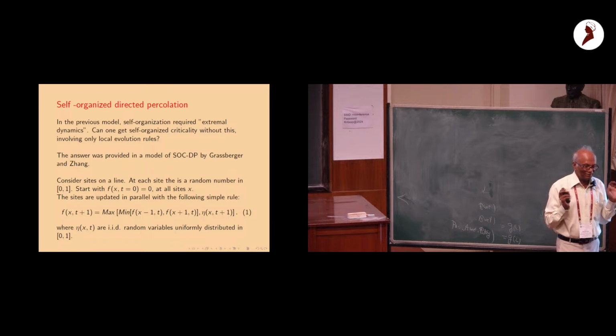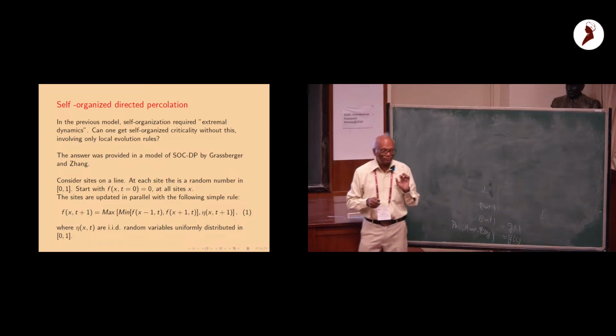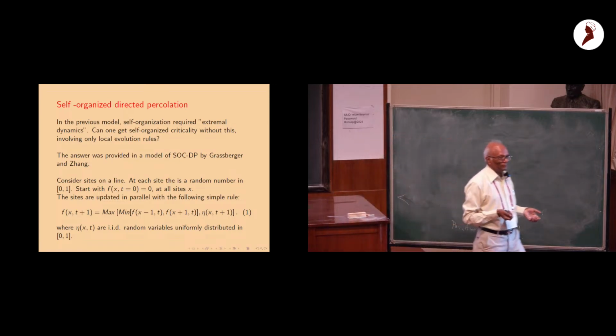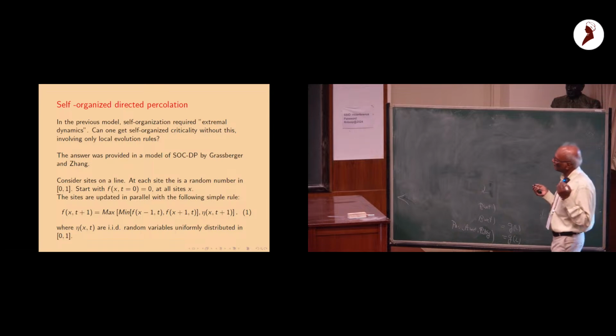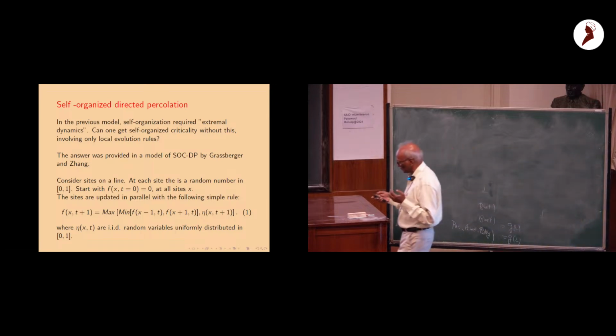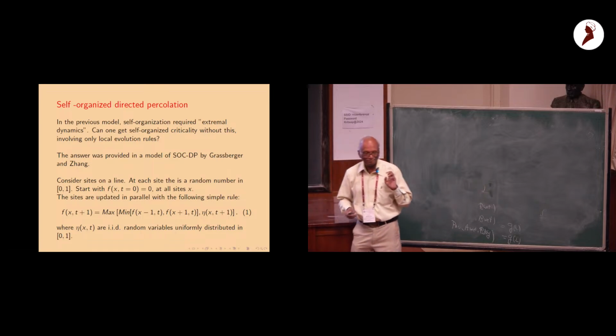So people wondered if this kind of mechanism can be obtained without invoking extremal dynamics, which is non-local. Can you get self-organization to a critical point without invoking extremal dynamics? That was the question. And it turns out that it can be done. This was done in a very cute paper by Grassberger and Zhang.